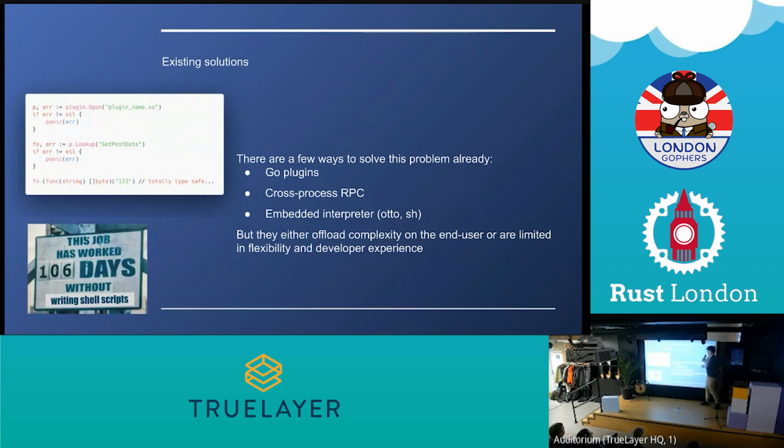Another solution is cross-process RPC. This is another fancy way of saying network calls, so an API. A lot of software, SaaS products nowadays, do this. The biggest one that you've probably all encountered is Slack. Slack does extensions via an API.